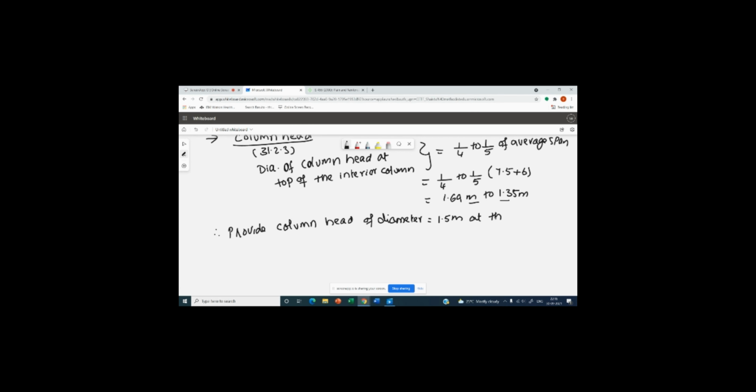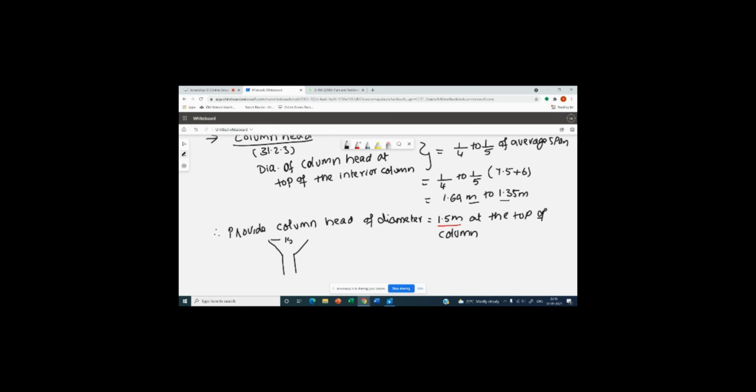At the bottom the normal diameter of the column is 550 mm, that is 0.55 meters. That is being flared up to 1.5 meters at the top. I hope you are getting my point. So the topmost will be 1500 mm.